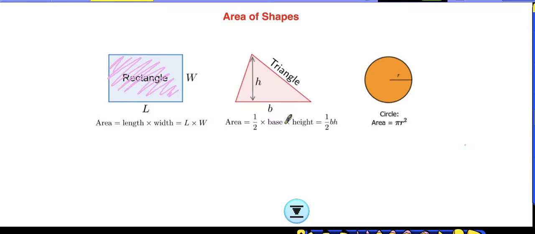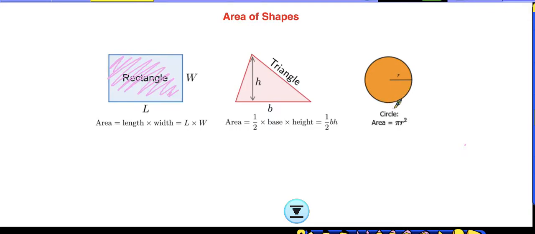This one is half base times height. The base is like the bottom line segment. So if we find the length of this one, we multiply by the height. But based on the different kinds of triangle, for example, sometimes we talk about the right triangle, sometimes an obtuse triangle, the height will look a little bit different from this one.